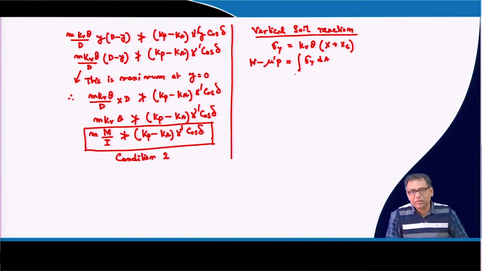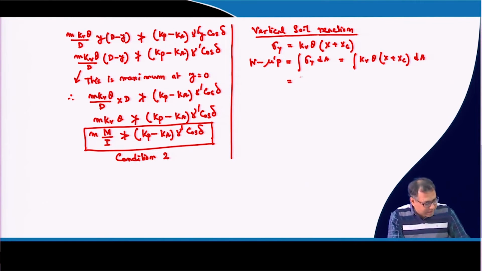This should be equal to the net downward vertical force. So, sigma y I can replace by Kv theta x plus xc, and this is dA.